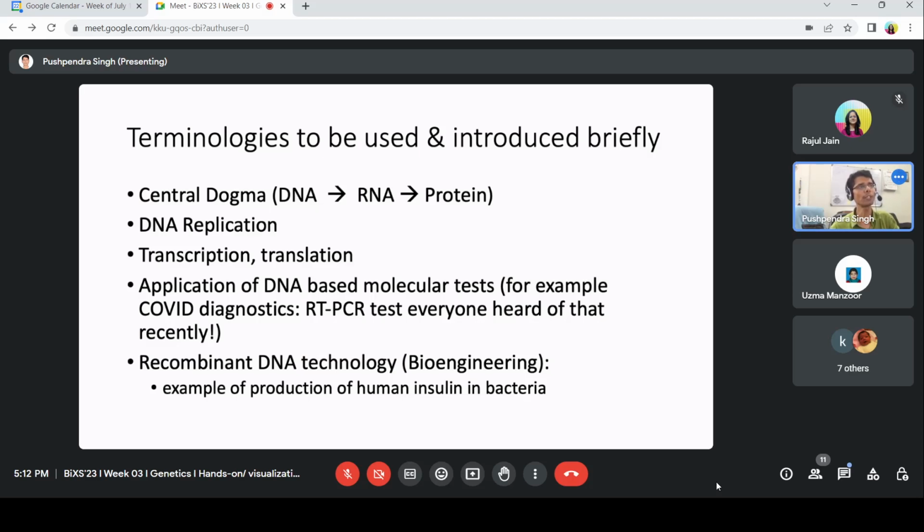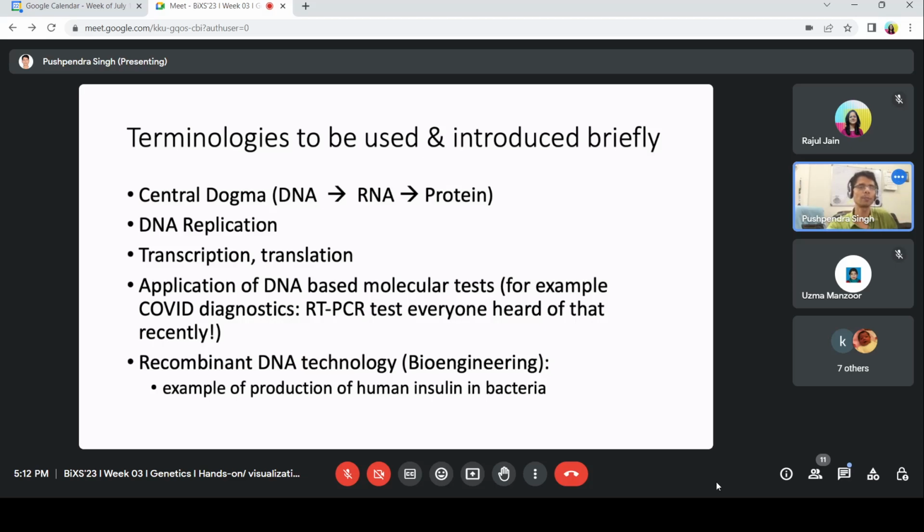For example, in COVID, the DNA is not present. It's actually an RNA virus. So from RNA, it makes DNA, and this is a reverse process. That is why it requires a different type of enzyme, which is reverse transcriptase.